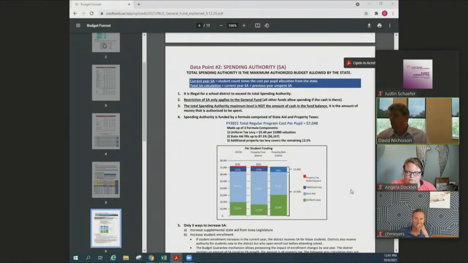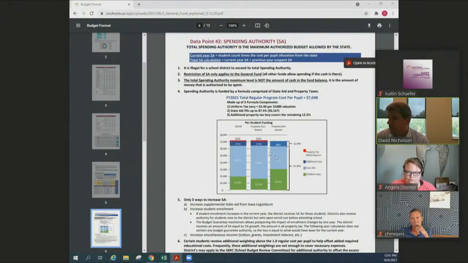So now when you're looking at our regular program cost per pupil, it's funded in different ways for every district. For a property rich district versus a property poor district, you have the uniform levy, which is what every school district starts off with. It's $5.40.